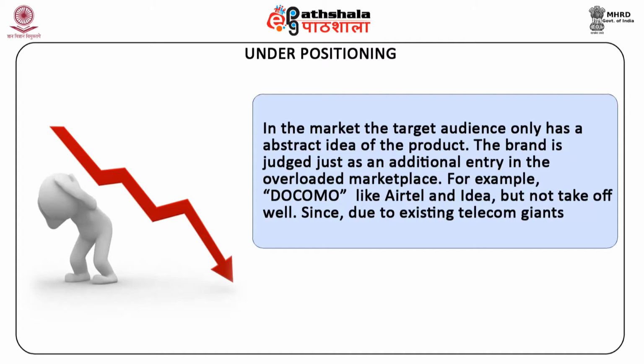The brand is judged just as an additional entry in the overloaded marketplace. For example, Docomo, like Airtel and India, did not take off well, due to existing telecom giants.